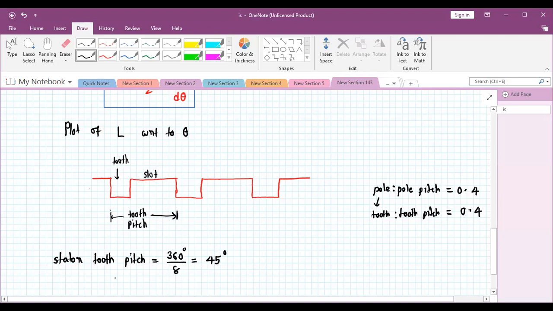So the tooth is equal to, we can say 45 into 0.4. Is equal to how much? 18. Okay, 45 into 0.4, 18.